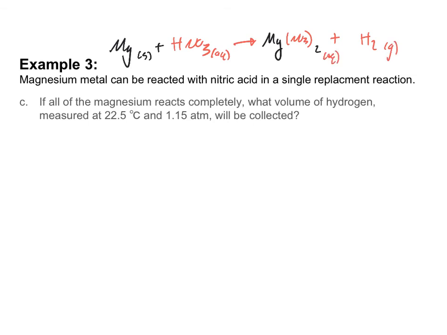Now, we also balanced that before by saying it was 1, 2, 1, 1. And then this one says if all of the magnesium reacts completely, what volume of hydrogen measured at 22.5 and 1.15 ATM will be collected?